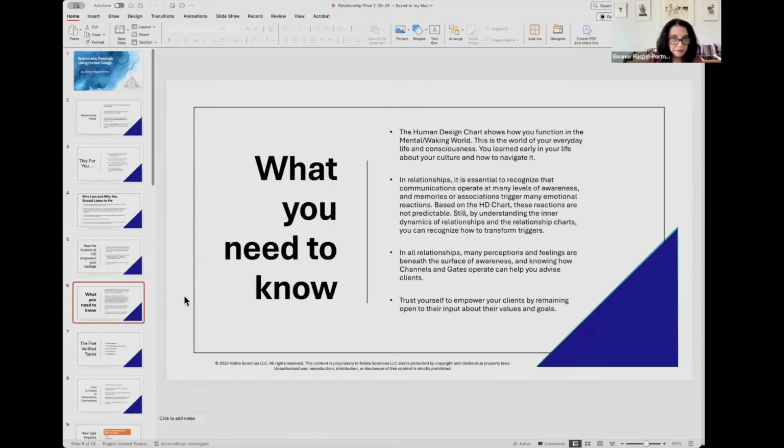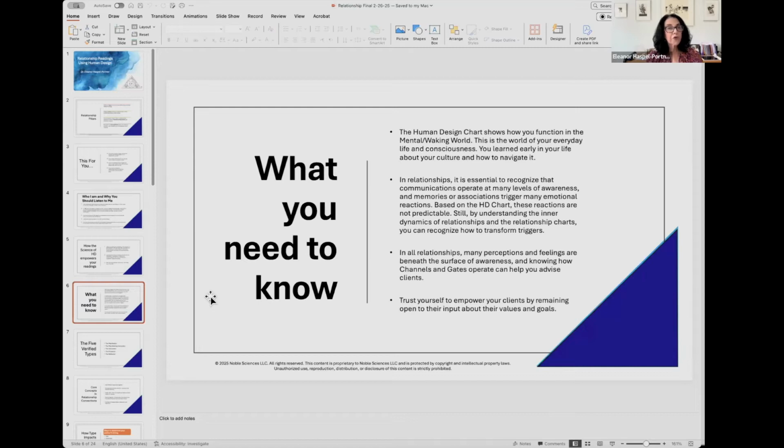The human design chart shows how you function in the mental waking world. That's the world that you live in every single day, and it is the world that you've learned how to behave in. It's known as socialization.